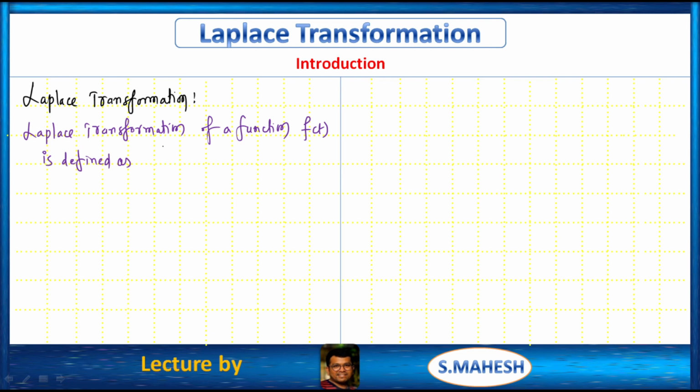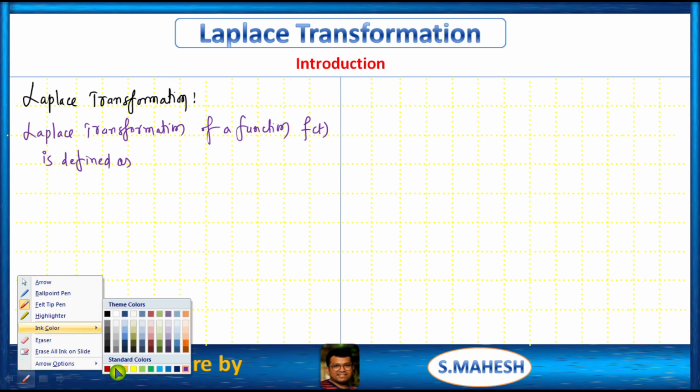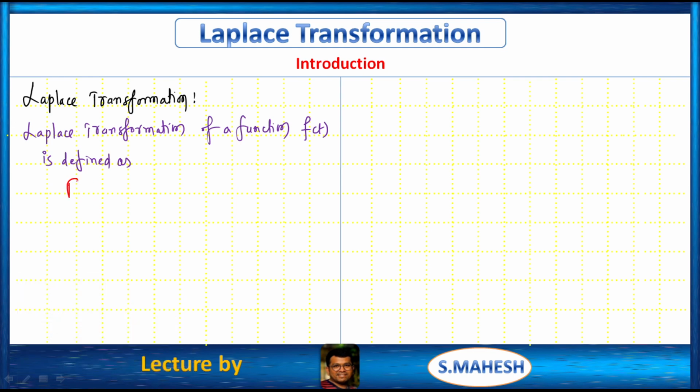This Laplace transformation is nothing but a purely mathematical approach. So let us say F of s equals Laplace of f of t. This is the representation, which equals the integral from 0 to infinity of f of t into e power minus st dt. This is the formula for Laplace transformation.